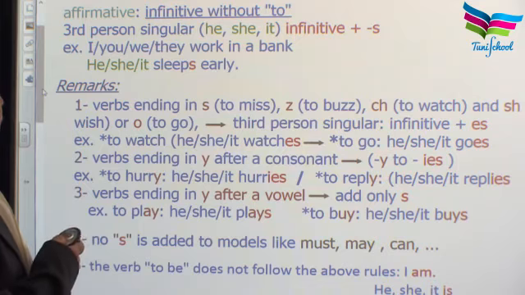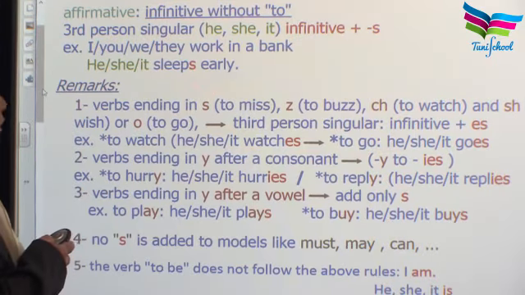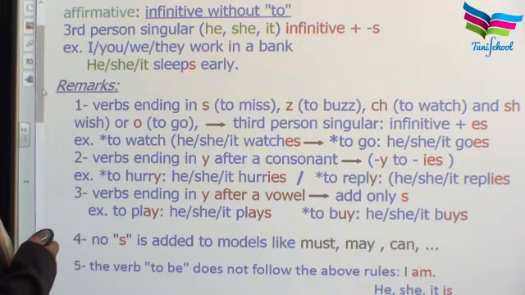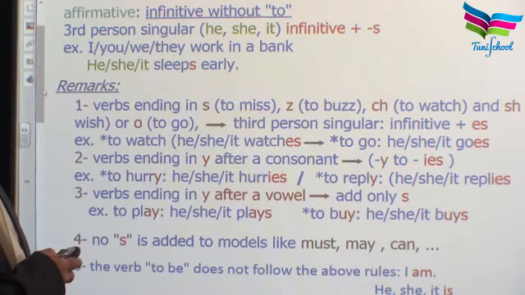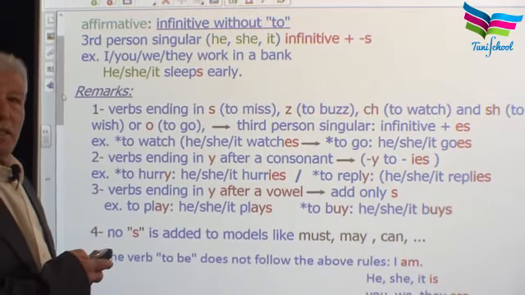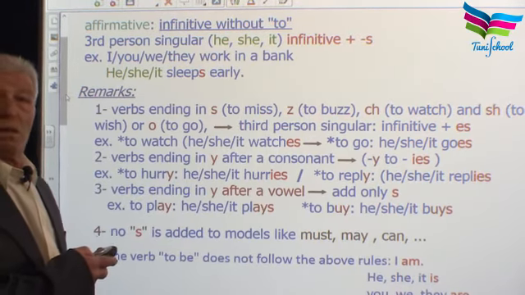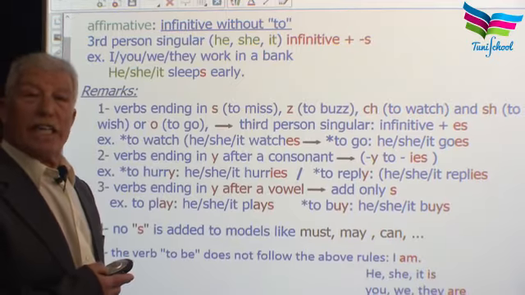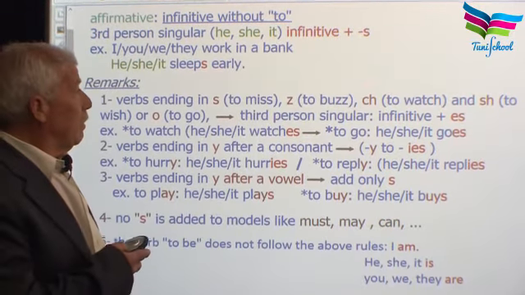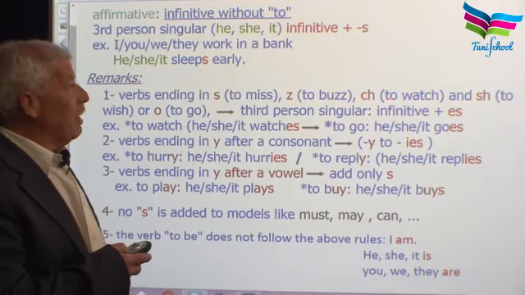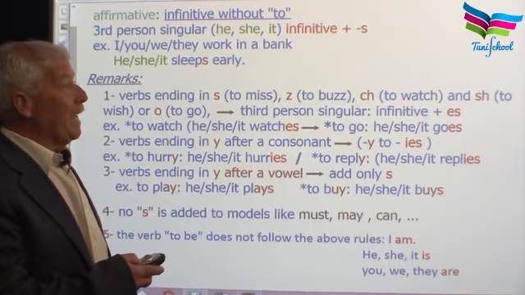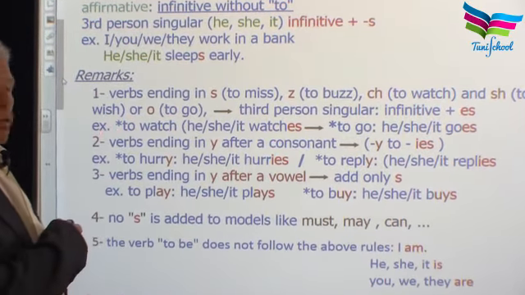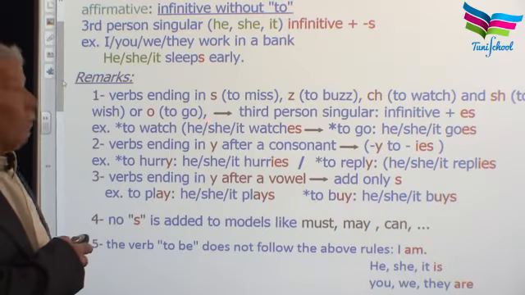If you have a verb ending in S, for example, to miss: you miss your plane, you miss your car, you miss your family. Or to buzz, that's the sound of a bee. CH, like to watch television. SH, like to wash clothes, or O, like to go.